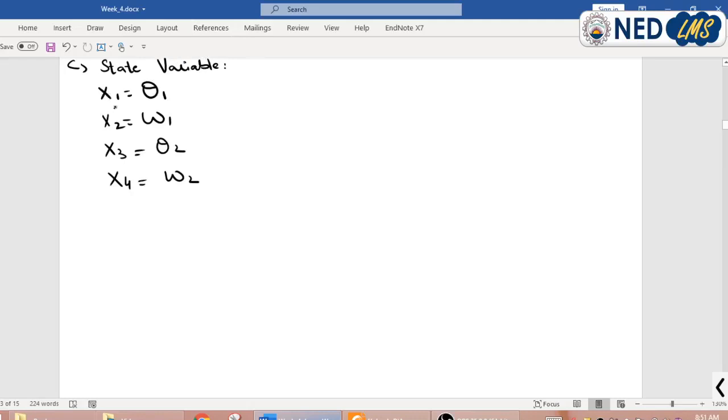I can evaluate x1 dash directly from x2, which is d theta 1, and theta 1 is basically x1, so this is x1 dash. This will result in the equation x1 dash equals x2. This is my equation A, the first state equation.